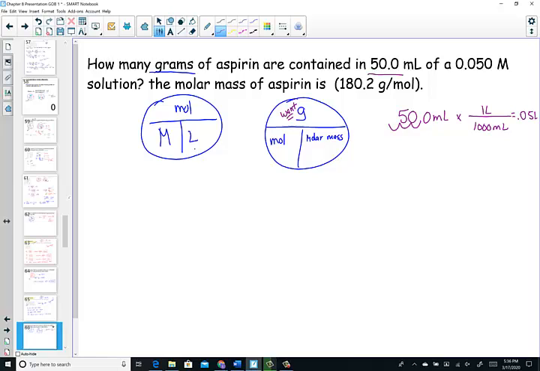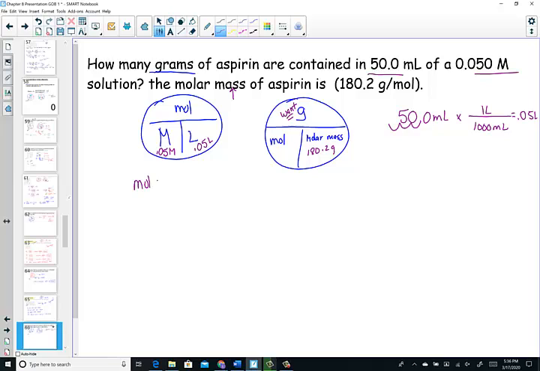So I know that 0.05 liters is 50 mils. I also know the concentration is 0.05 molar units. That's big M. You know what else we know? We know the molar mass. It was given to us as 180.2 grams per mole.